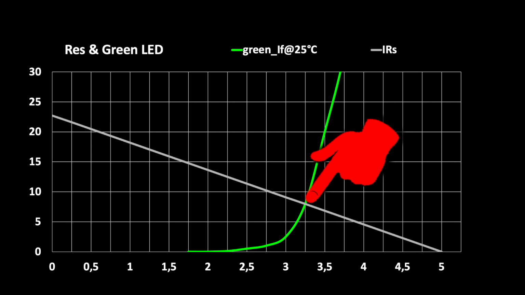Simply because equal current is flowing through elements connected in series, in this case about 8 to 9 milliamps. By the way, the series resistor can be dimensioned from the supply voltage minus the LED's forward voltage divided by the desired current. Now let's see what happens when we connect a red LED in parallel.